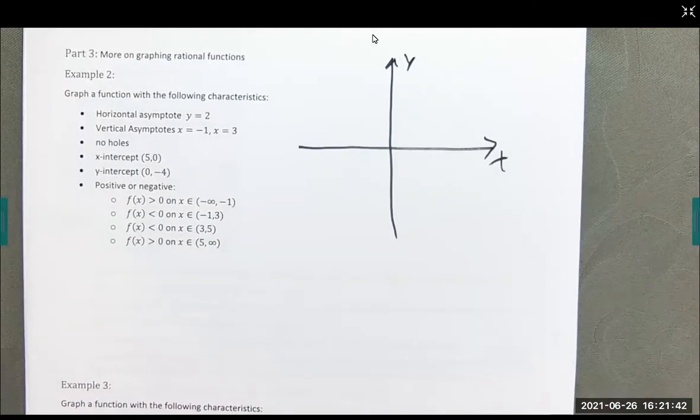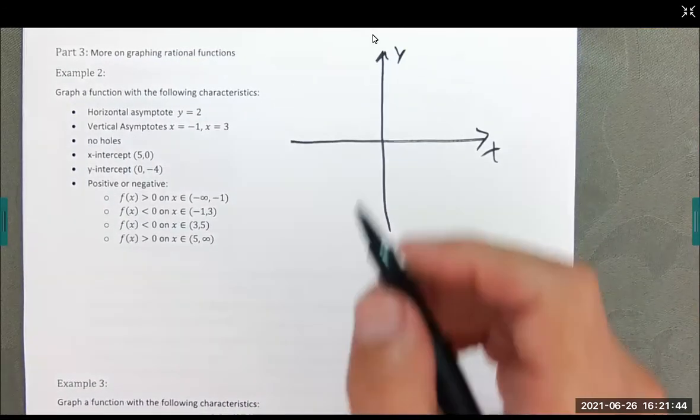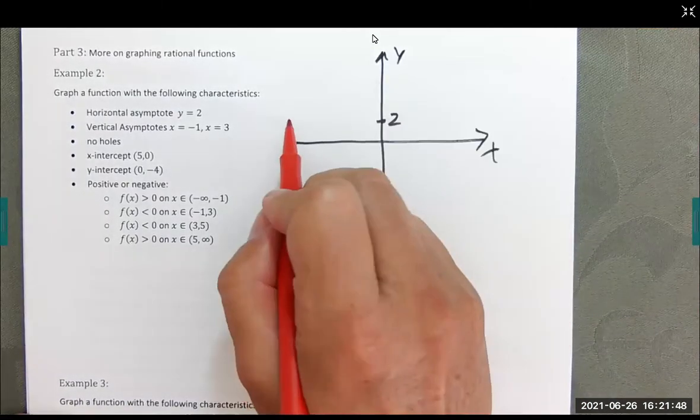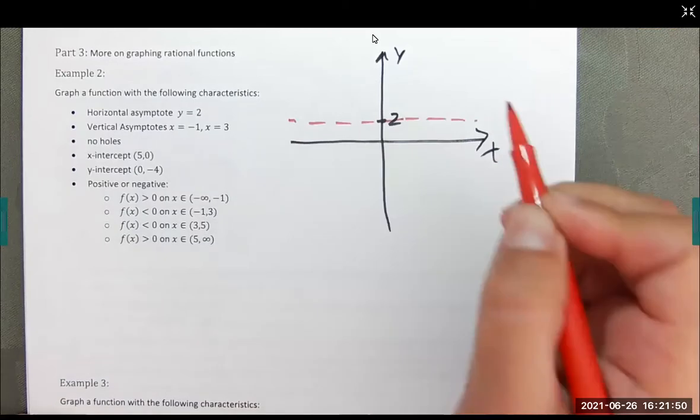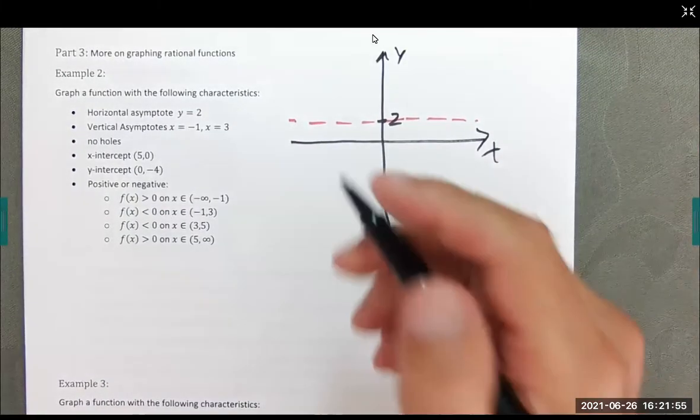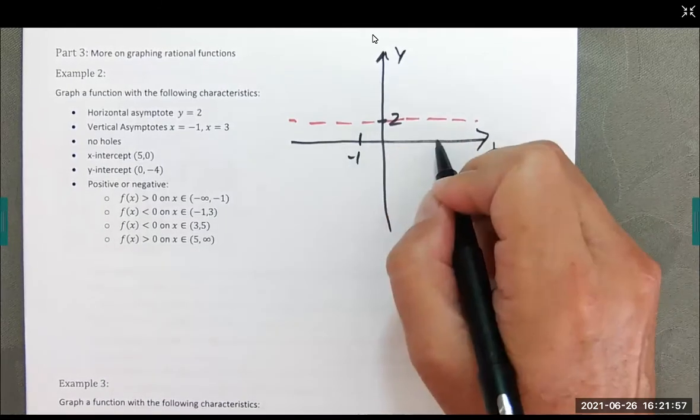So we are going to have a horizontal asymptote at 2. Vertical asymptotes at -1 and +3.